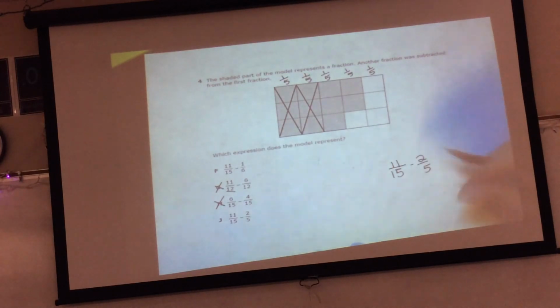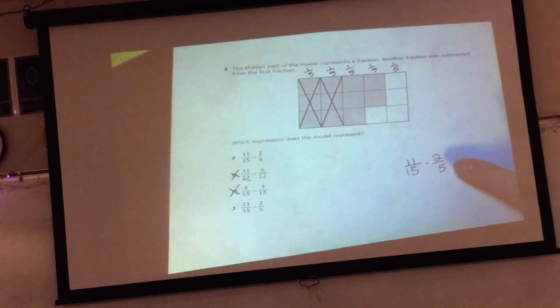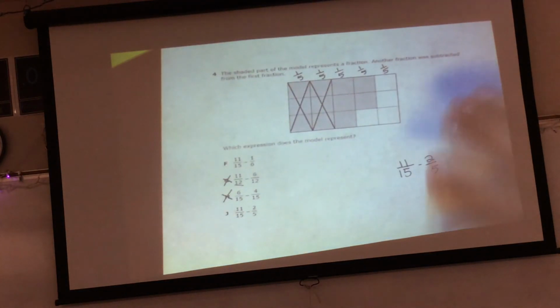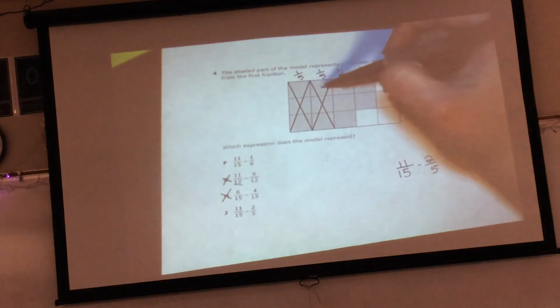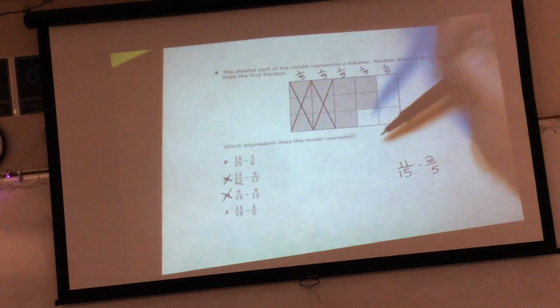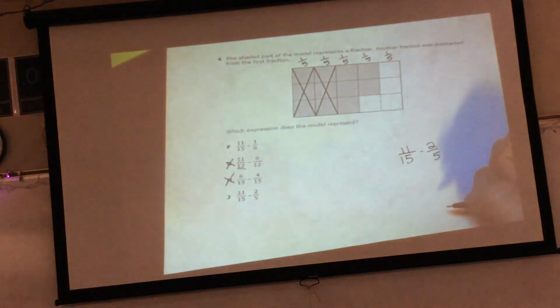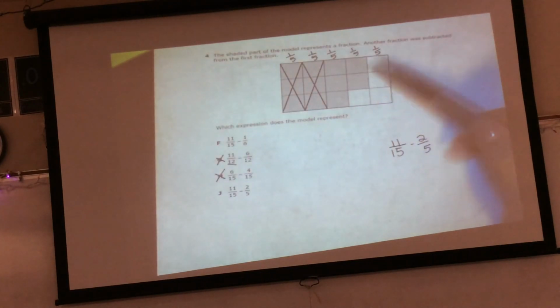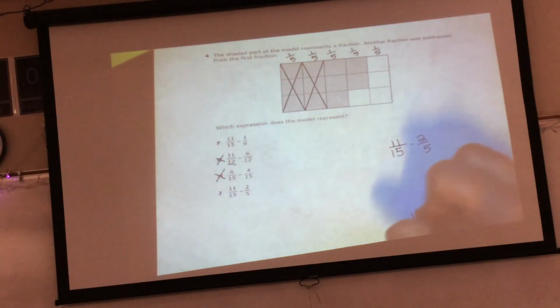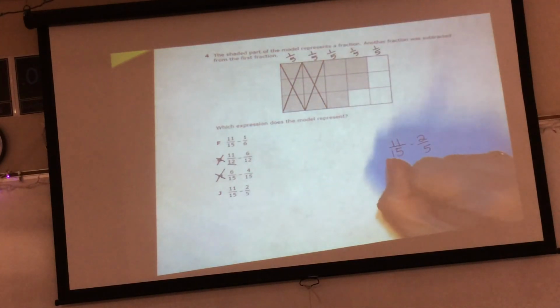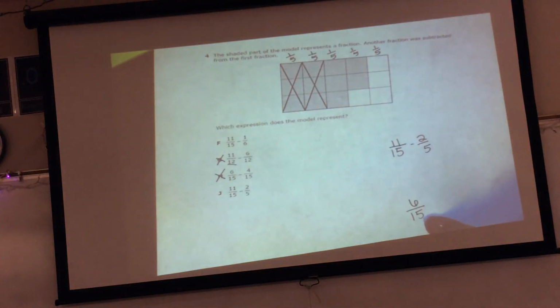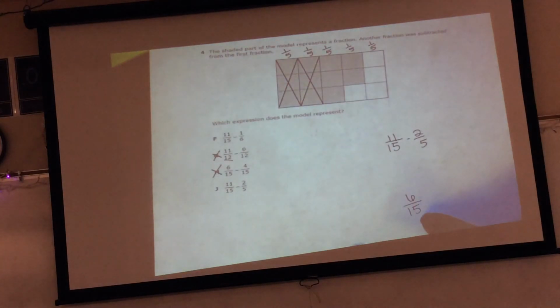Even if I did not understand the second part, do you think it's 1/6? Would 1/6 even make sense? 1/6 would not make sense because if there's a total of 15, 1, 2, 3, 4, 5, 6, this would not simplify down to 1/6.